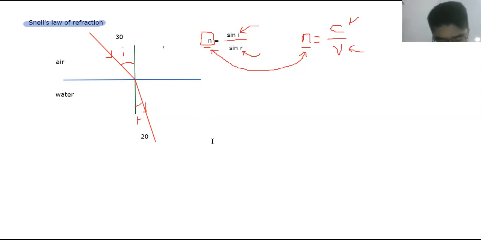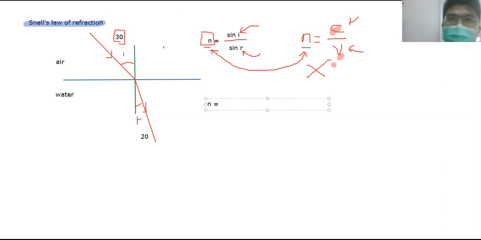Given the angle of incidence and the angle of refraction, calculate the refractive index. Again, you have to calculate the refractive index, but the question didn't give you the speed, so you cannot use that formula. But you do have the incident and refraction angles, so you take this formula.